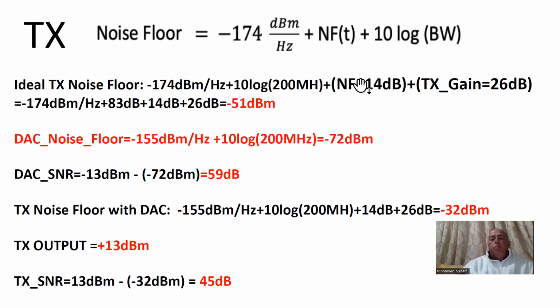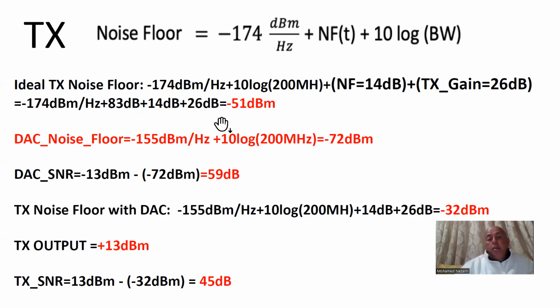This is a number that we have for the entire system, as I showed you last time, a noise figure on the transmitter side of 14 dB, okay? And of course, the transmitter gain is 26 dB. So at the output of the transmitter, the noise floor is going to be minus 51 dBm. Of course, that's the theoretical noise floor number. Now, the signal level is plus 13 dBm, so that would give your signal-to-noise ratio.